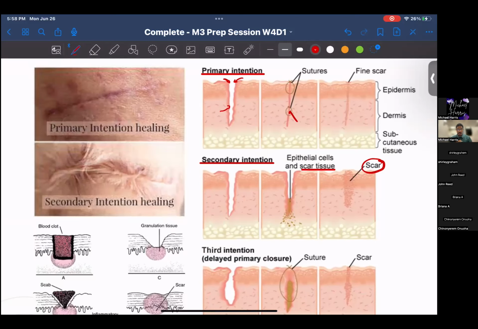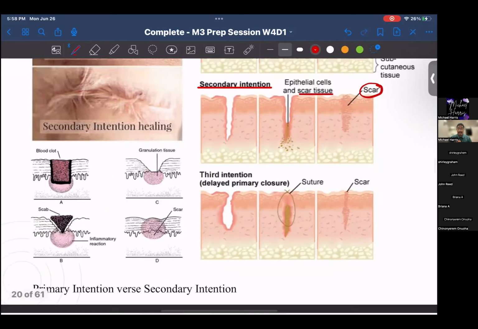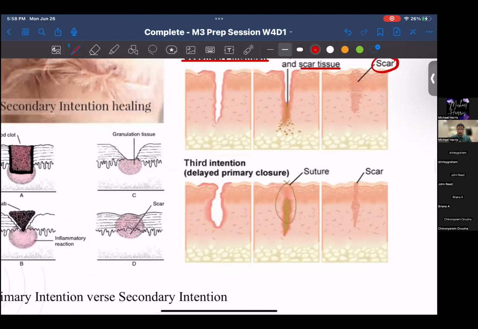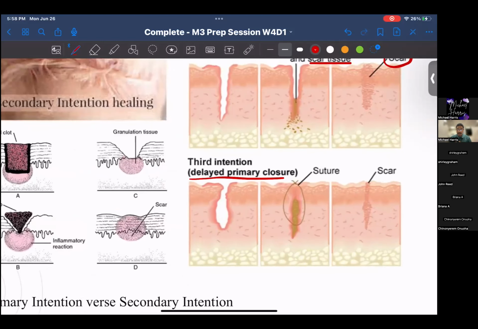Any questions with any of that? And then just like with anything in life, there's a third where it's mixed. Some of it underwent fibrosis, some of it didn't, and it went through primary intention, which is what this third intention is. It's a mix of both.